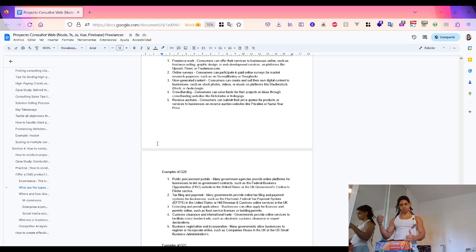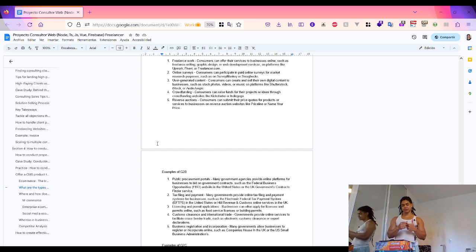So now governments allow their citizens to pay taxes, like the IRS in the US, or Customs and Revenue in the UK.